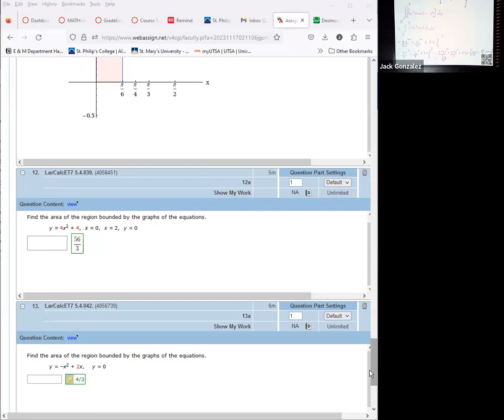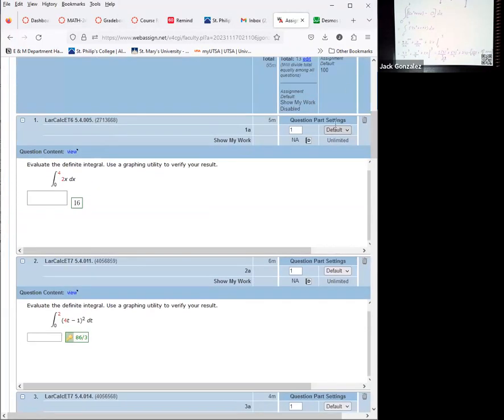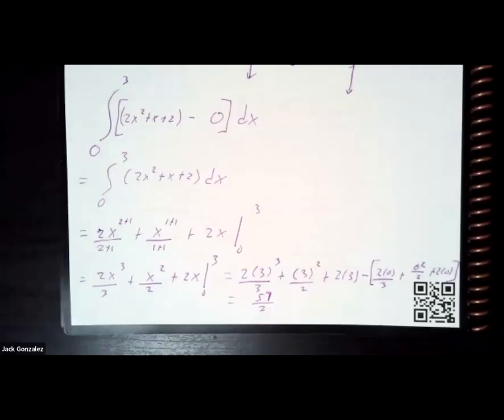Do you have any questions about 5.4? No, I know there's a lot of moving pieces, right?